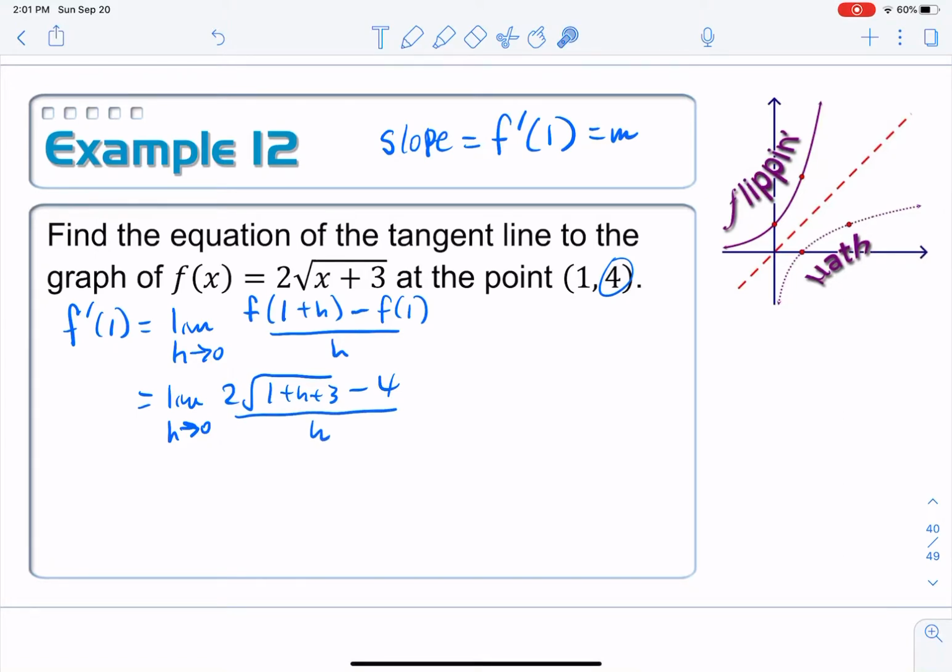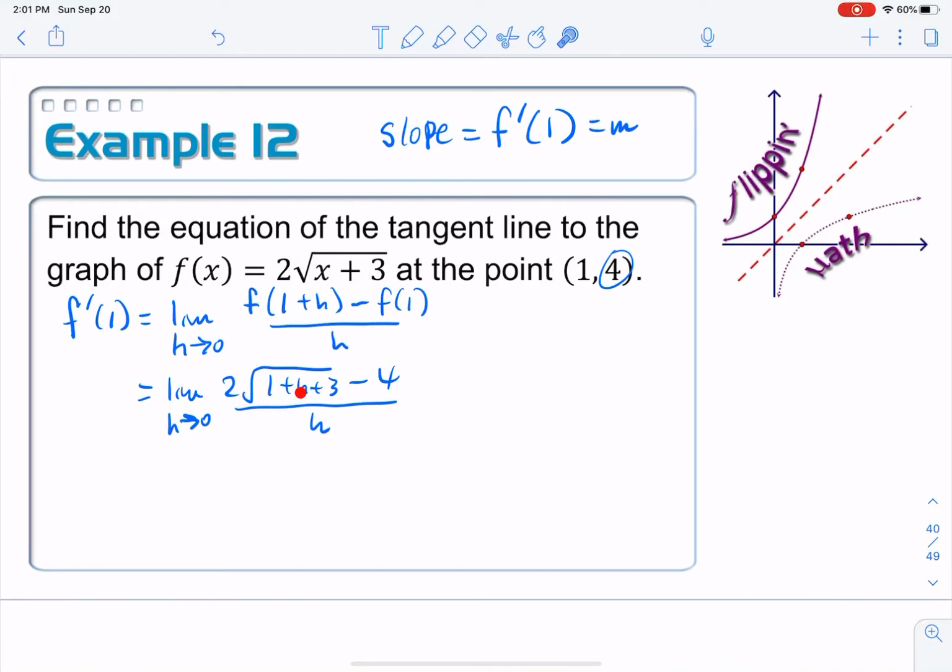Just a quick verification, if I were to stick 0 in here, I would get 1 plus 3 is 4, square root of 4 is 2, 2 times 2 is 4, 4 minus 4 is 0, over 0. Yeah, I get that indeterminate form. And probably what I'm going to go ahead and do is simplify the stuff inside here. I'll combine the 1 and the 3 to get that.